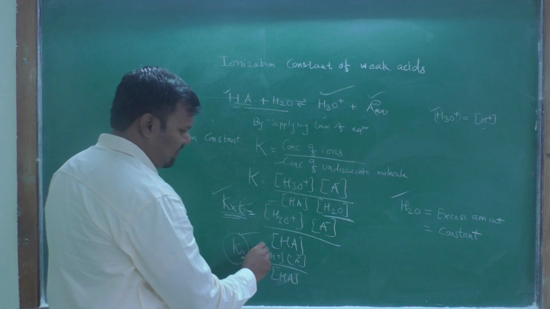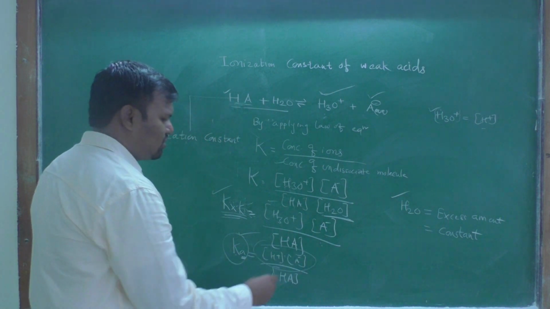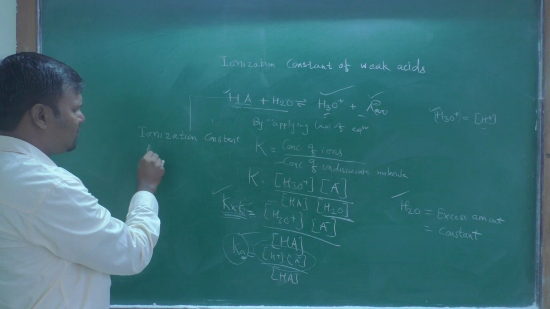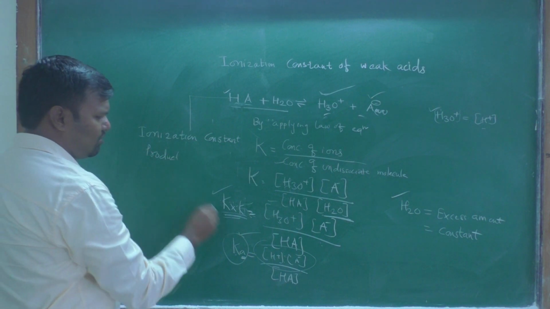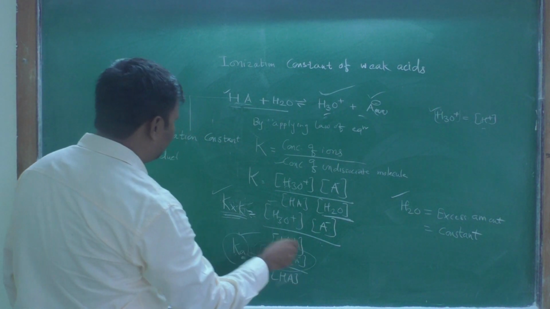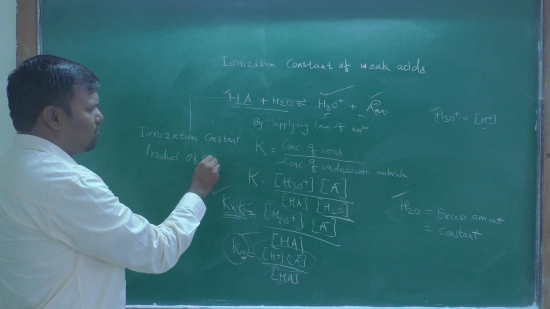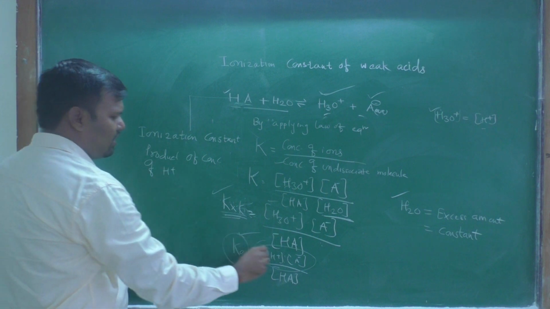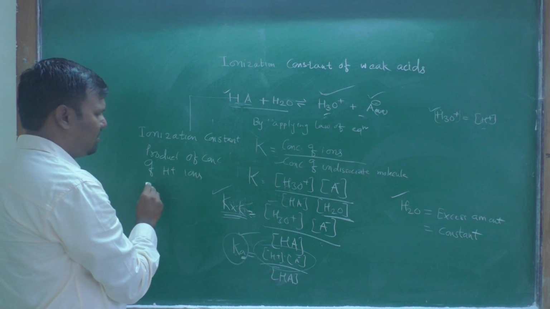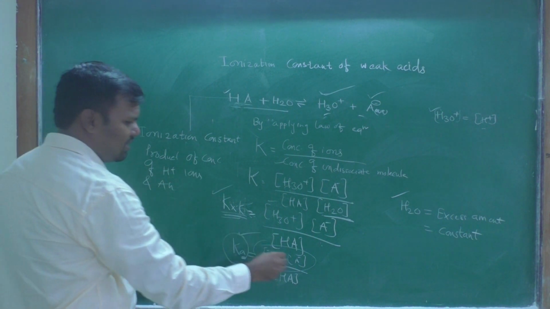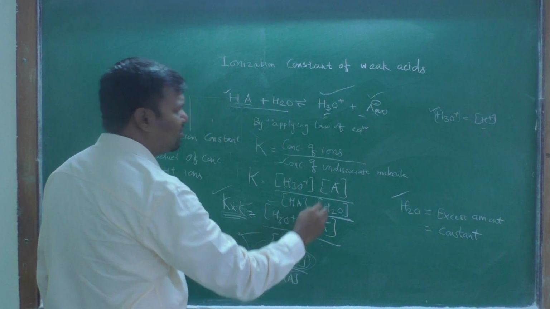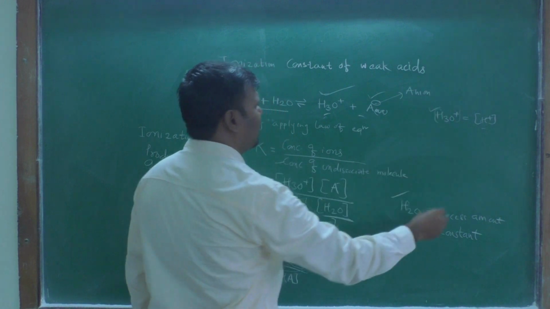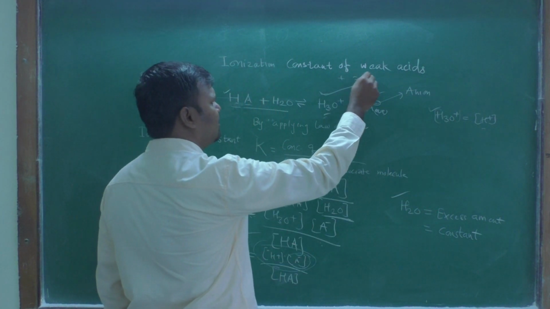It is a product, meaning multiplication, H plus multiplied by A minus: the product of the concentration of H plus ions and the anion. The A minus is the anion. The species having a minus charge is the anion, and the species having a positive charge is the cation.